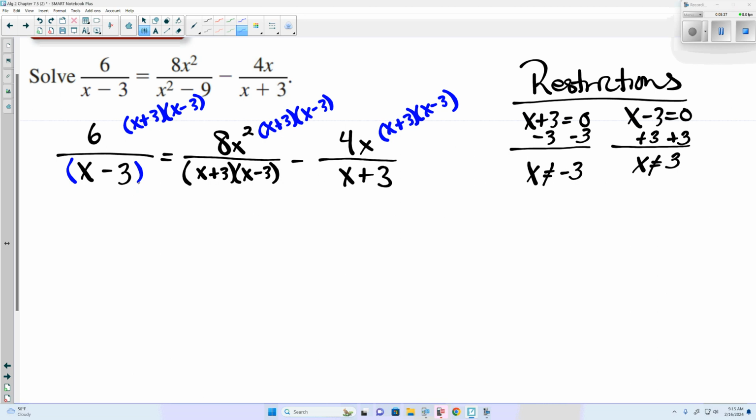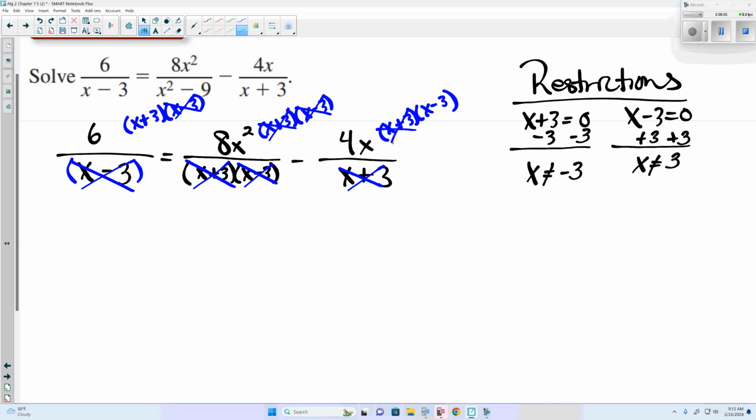Because with the first one, we have 1 x minus 3, and it's going to cross out 1 x minus 3 on top. That one's completely gone. The middle one, we have 1 x minus 3 and 1 x plus 3 that cancel. And then the last one, we have a single x plus 3, which simplifies out with one of our x plus 3's.